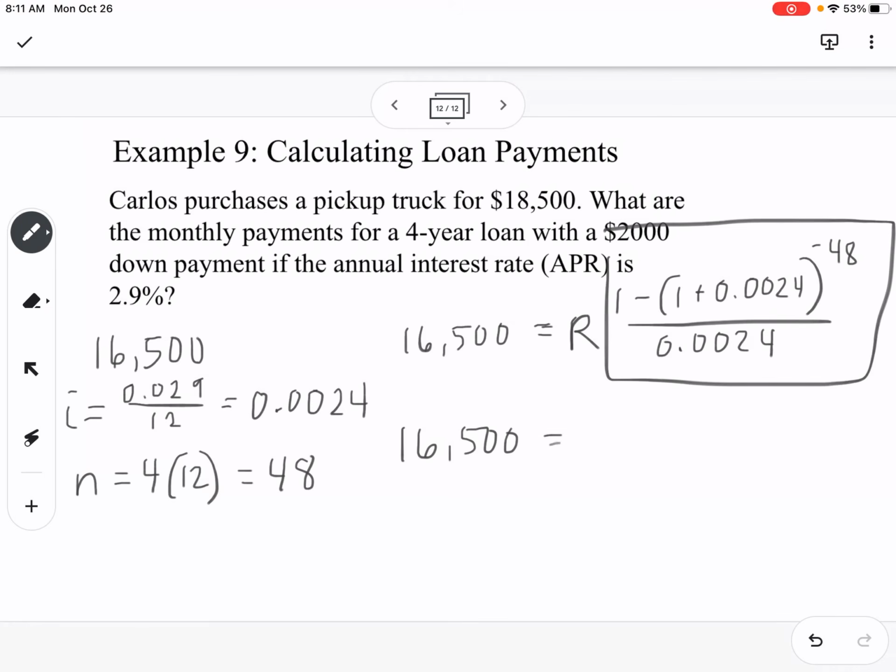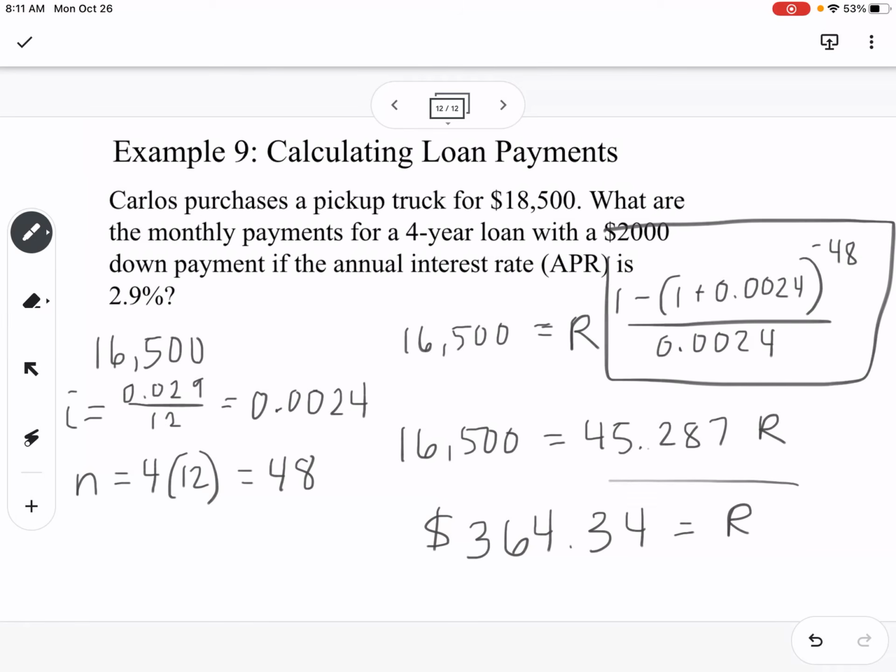We end up getting 45.287 R. We can divide both sides by 45.287 and we get 364.34. That would be Carlos's monthly payment for that scenario. Let me know if you have any questions.